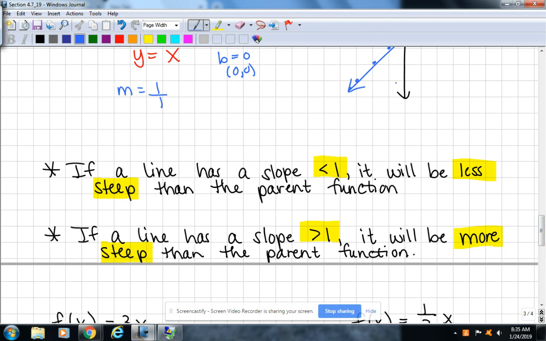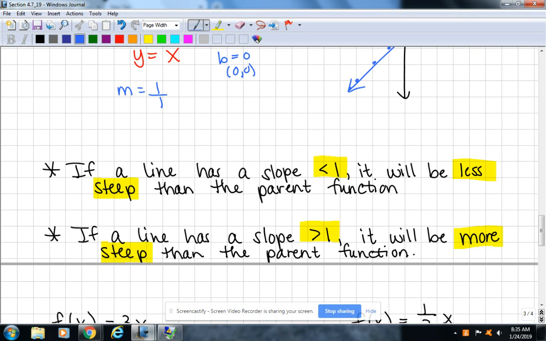It's going to be one of those that's just barely going up. It's almost horizontal. It's just slowly going up. So anything that has a fraction smaller than 1 for a slope will be less steep than that parent function we just graphed. And along the same lines, if we have a slope that is greater than 1, can fractions be greater than 1?